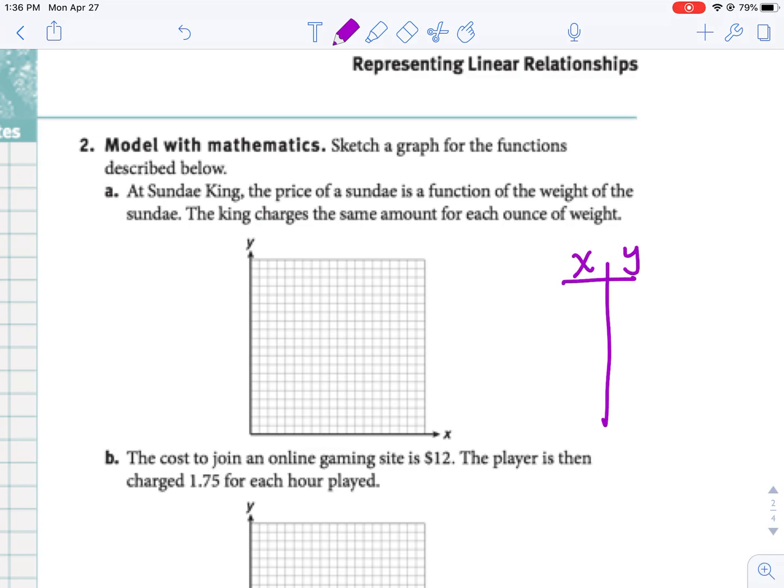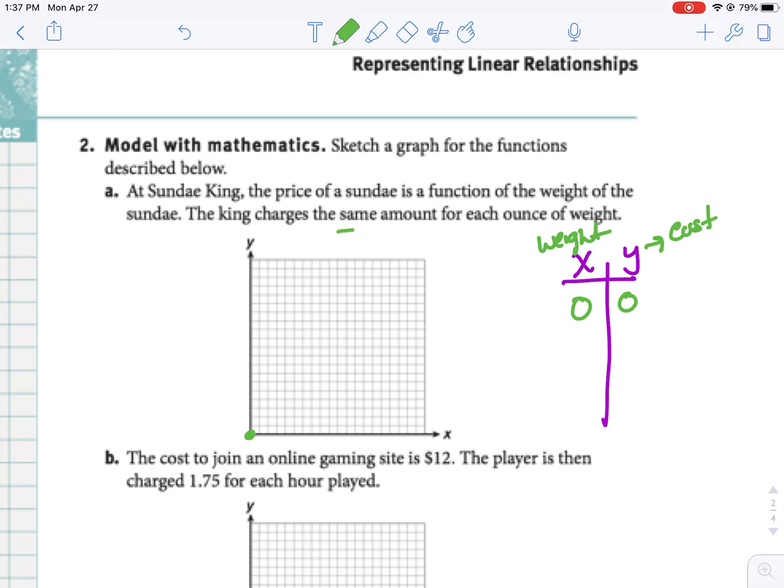All right, so if we look at x and y values, the y value is your cost of your sundae, and then the x value is the weight. So it doesn't say any numbers, but we could make some up. Okay, so if you buy a sundae that weighs 0 ounces, you wouldn't have any ice cream or sprinkles or whatever you like in your sundae, so that means you didn't buy anything. So that cost is going to be down at 0, 0.